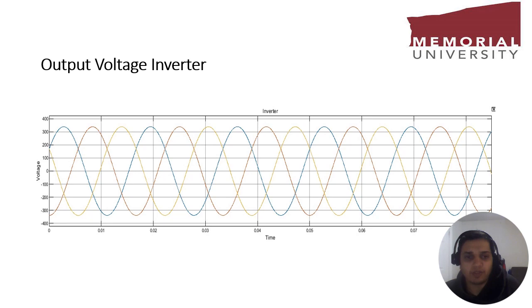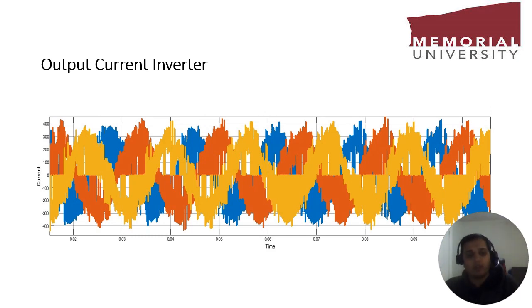So the output of the inverter is perfect. And in this slide we have the current output of the inverter, which is also perfect, and the maximum output is around 400 ampere for the load. So the conclusion is that with the MATLAB simulation the system is working perfectly.